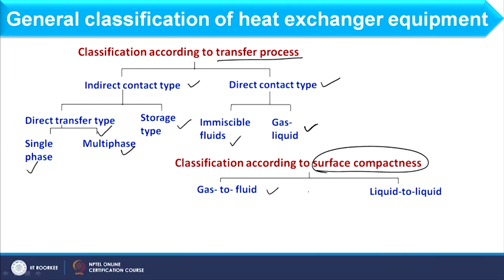In that category, we further have gas to fluid and liquid to liquid. When I am focusing on gas to fluid, we can have compactness of more than 700.